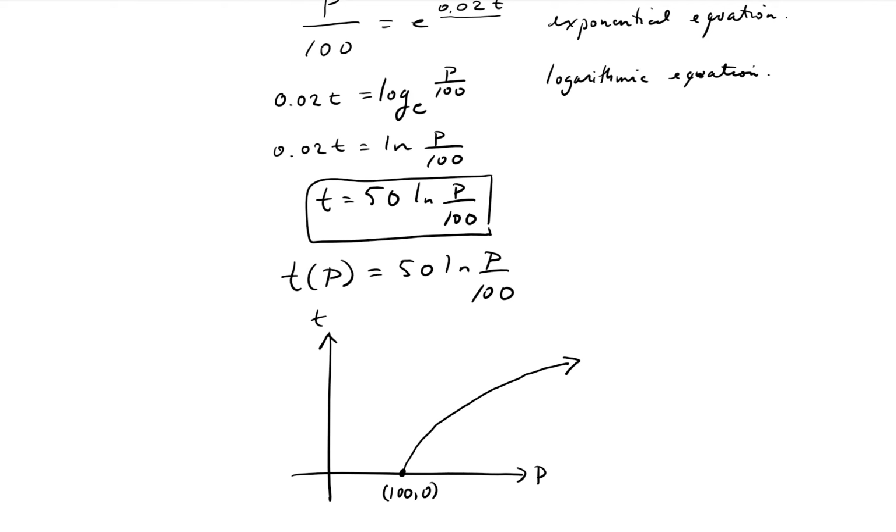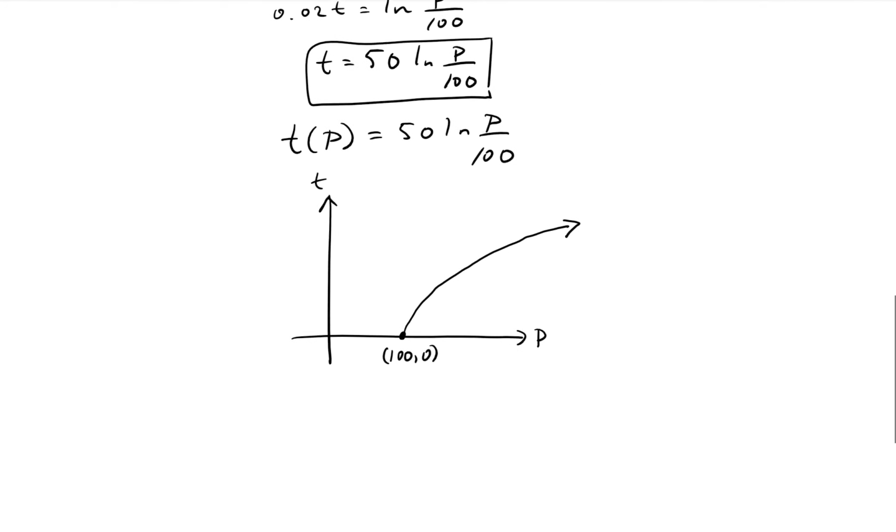Okay. And that's what the function would look like. So of course here I'm interested only in positive values of t, but if I were interested in negative values of t as well, I could extend this inverse function and have this part here, and the t-axis would be an asymptote.